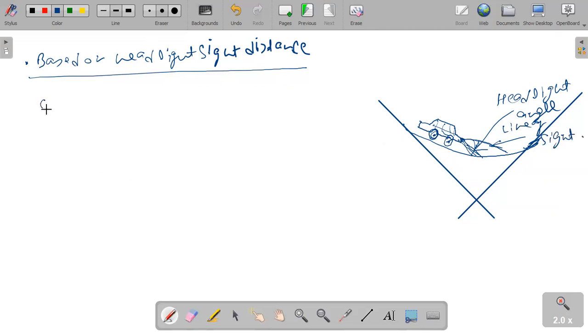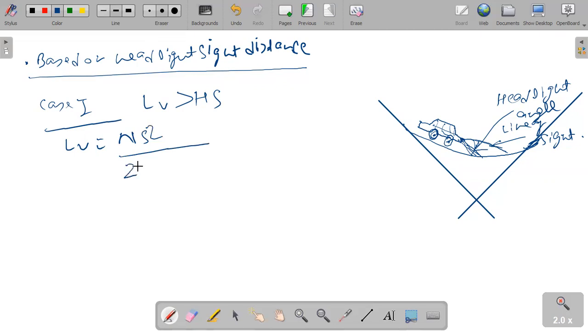So here also we have two cases. Case first, when the length of valley curve is greater than the headlight sight distance, then Lv is equal to N s square upon 2h plus 2s tan alpha. Basically alpha is the beam angle.